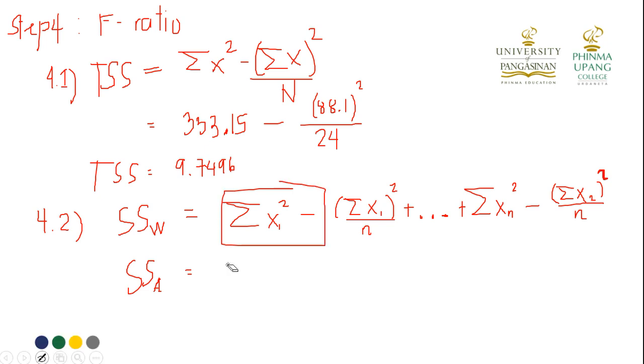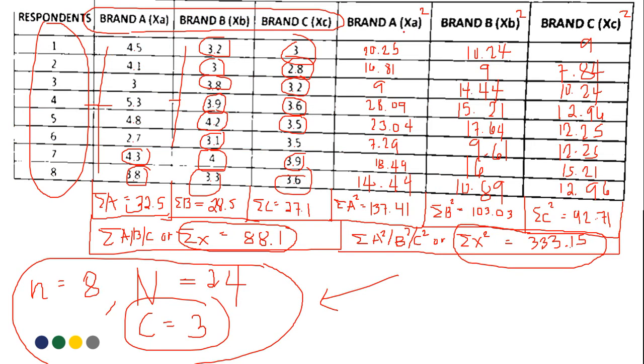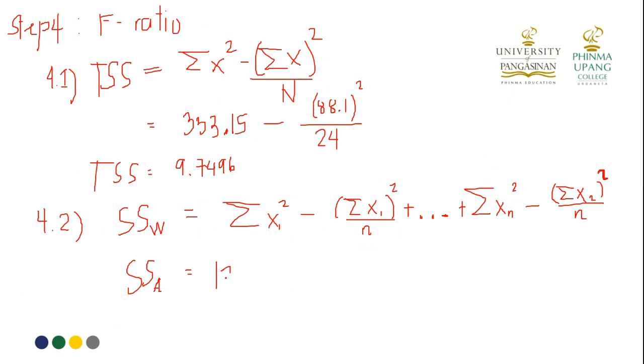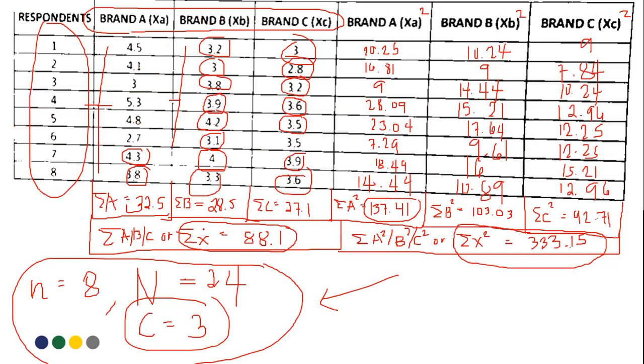So, what is the summation of x sub 1 squared? Wait lang ha. Erasin ko yan. Baka malito kayo eh. Yung summation ng x, yung brand A ng x A squared is 137.41. So, 137.41 minus yung x sub 1 natin.